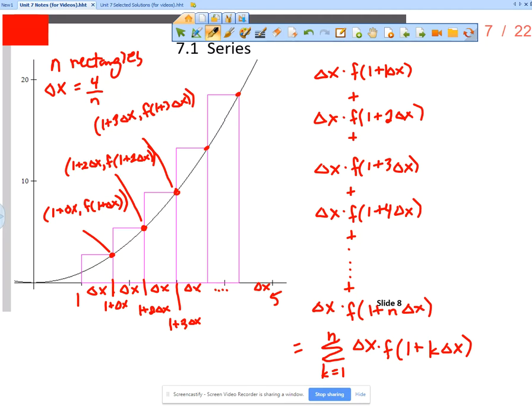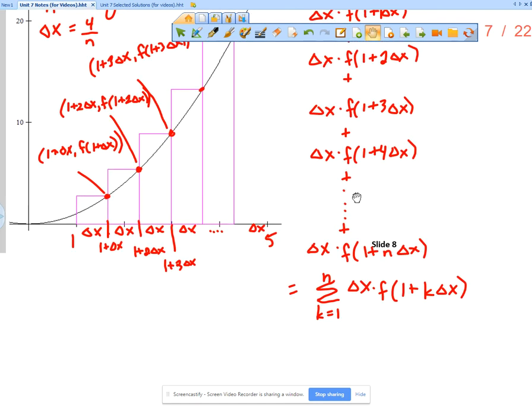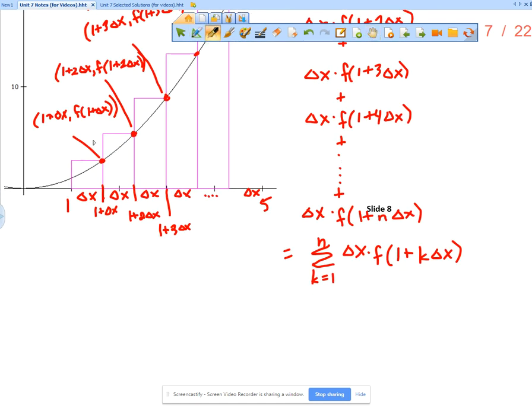Okay, so now, how does this fit into this particular one? Well, we would want to think about the actual formula that we were looking at. What was the function that we were dealing with? Well, that was x squared. And delta x we said was 4 over n, because it's 4 units wide. So this is the sum from k equals 1 to n of delta x, which is 4 over n, times the quantity f of 1 plus k delta x.